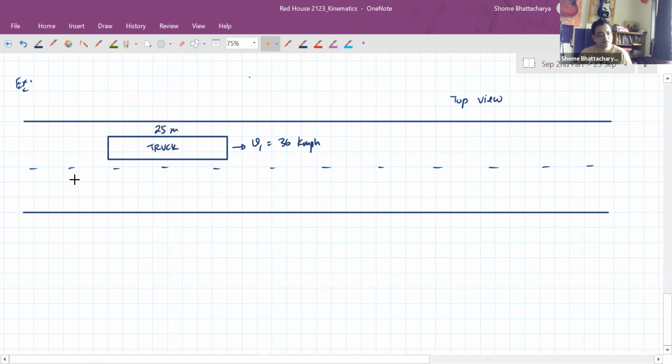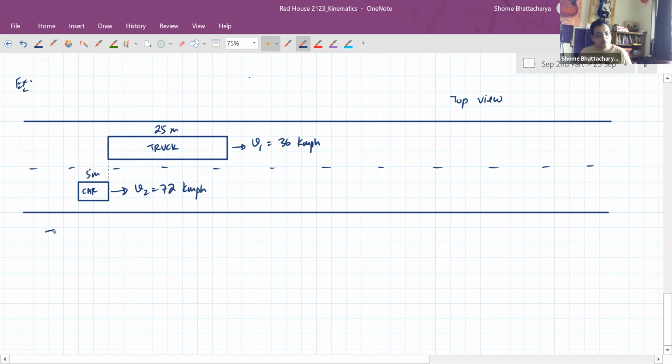Just at this instant, a car trying to overtake it comes alongside. The front of the car is just about alongside the rear of the truck. The car is trying to overtake with a constant velocity of 72 kilometers per hour, and the car's own length is 5 meters.